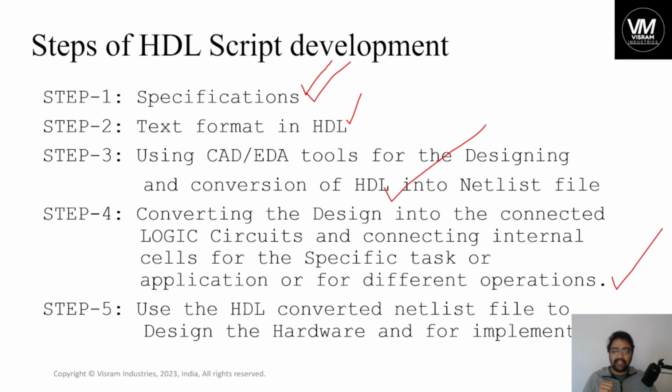Now, going to the next step, we use the HDL converted netlist file. How do we get the netlist file? When you say OR gate in the text format, in physical presence we require a logic gate.